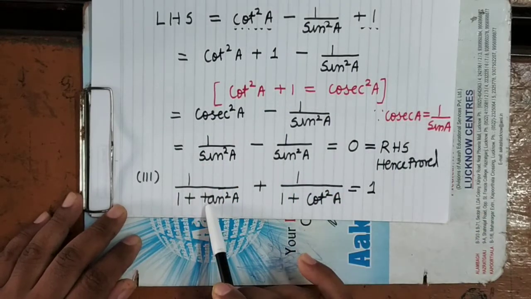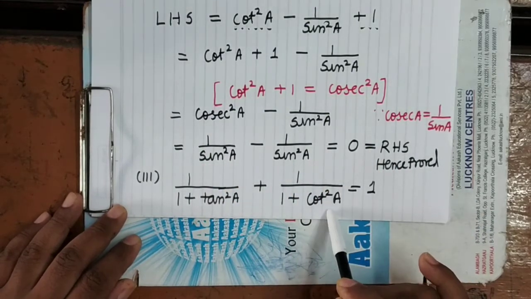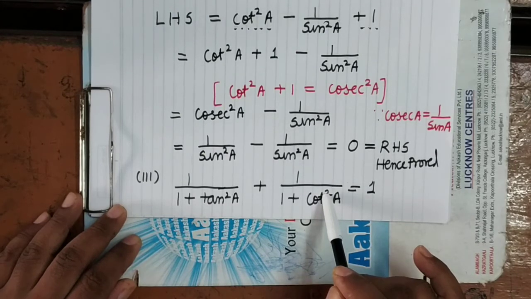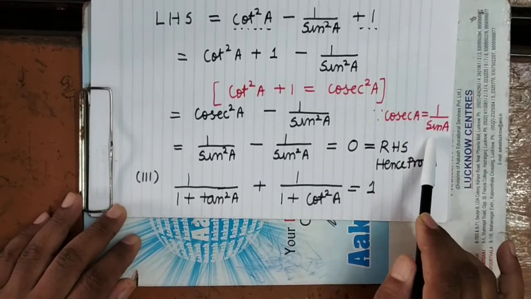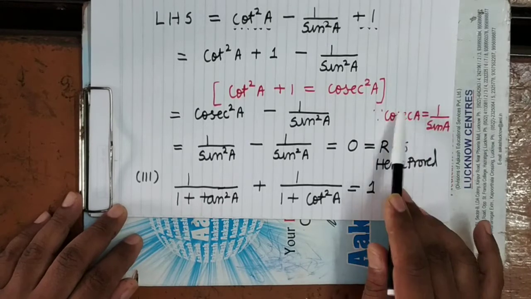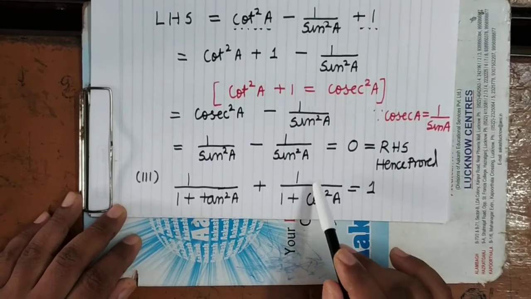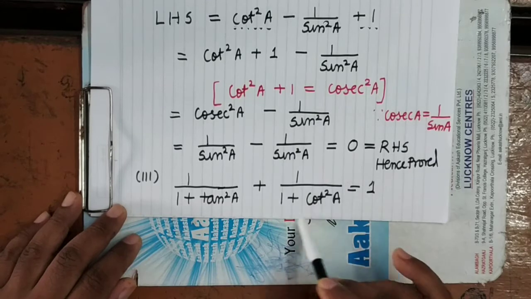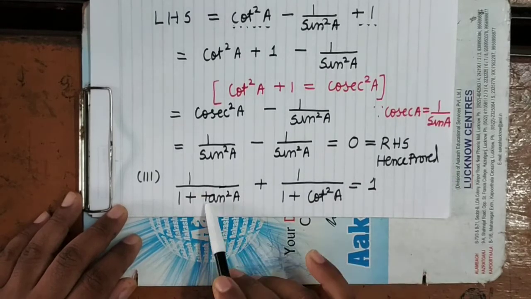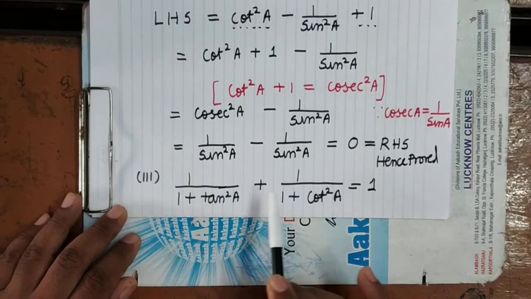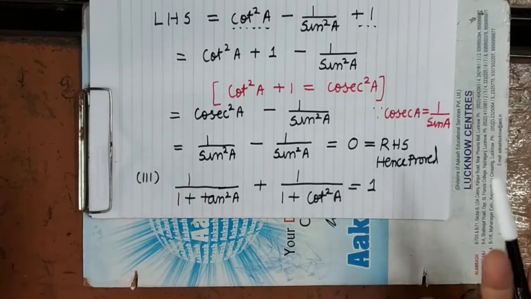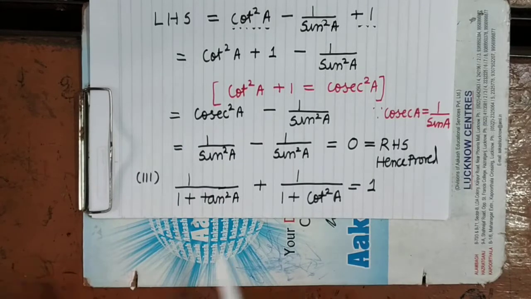So it is 1 upon sec square A, 1 upon cosec square A. Now see here, since cosec A is 1 upon sin A, sin A will be 1 upon cosec A. So 1 upon cosec square A can be written sin square A, and 1 upon sec square A can be written cos square A. So cos square A plus sin square A, which is 1, that is the identity. So 1 equals to 1, hence proved. So that you can do.